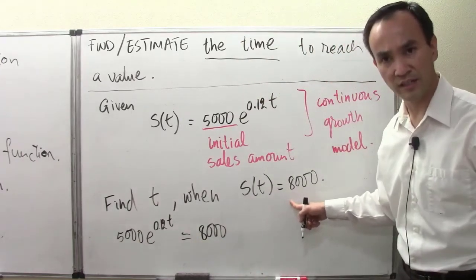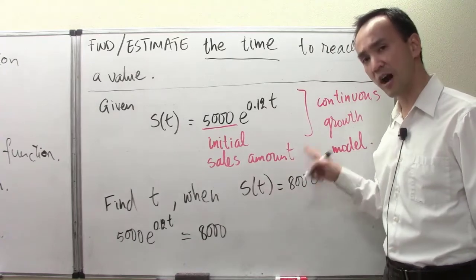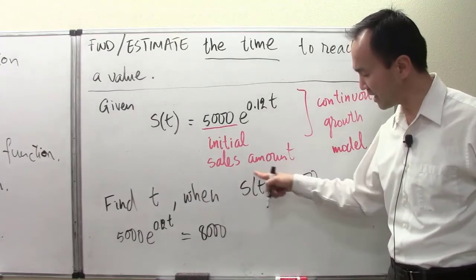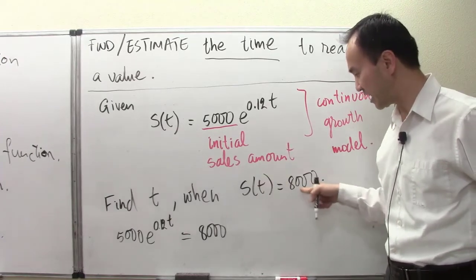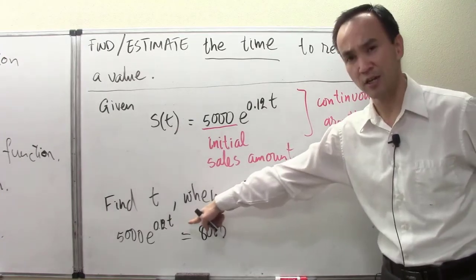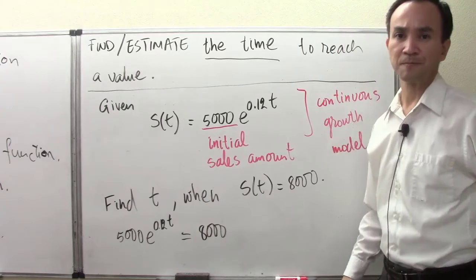This is the goal of the problem. That's why we have that equality, and s of t equals 8,000 consequently produced this equation for us.